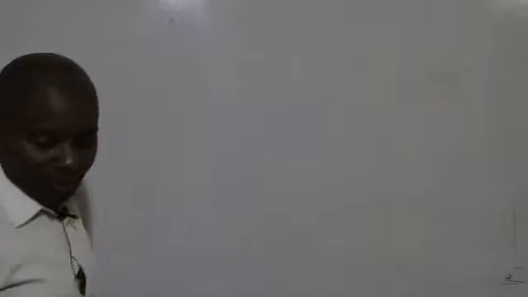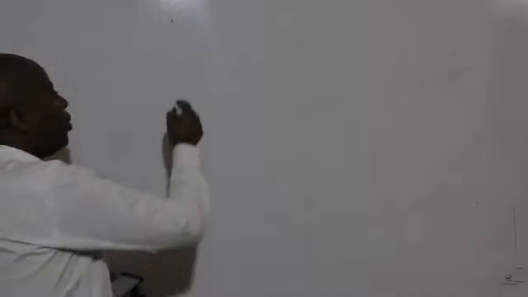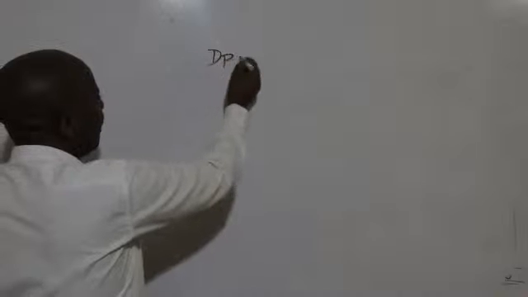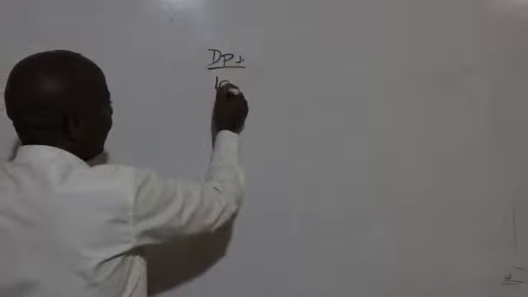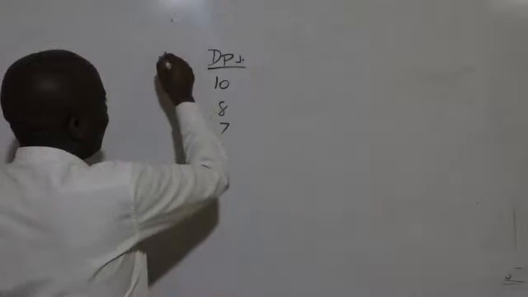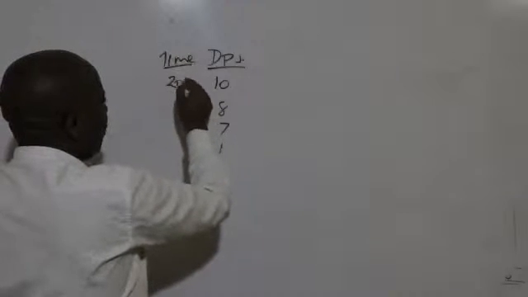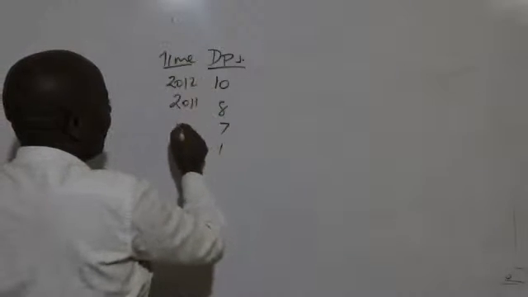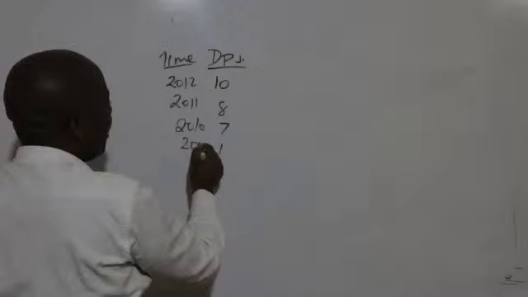Now, ladies and gentlemen, on this graph, you will get this kind of a situation where the examiner gives you DPS: 10, 8, 7, 6, with time 2012, 2011, 2010, and 2009.